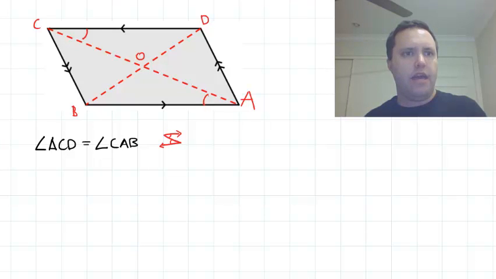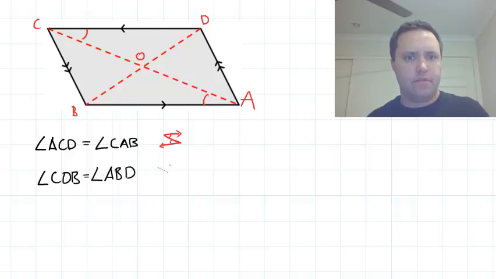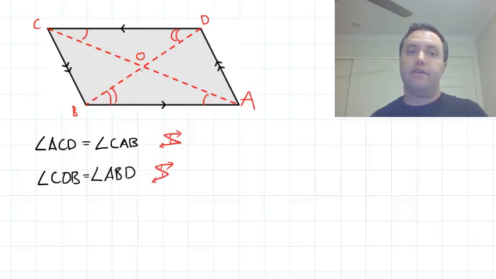And I'm also going to make the statement that angle CDB is equal to angle ABD because of the same thing. That one is this one here. So this angle is the same as this one, and this angle is the same as this one, because of our alternate angles. We're allowed to do that because that diagonal is like a transversal across two parallel lines, and the other one is also a transversal across those two parallel lines.